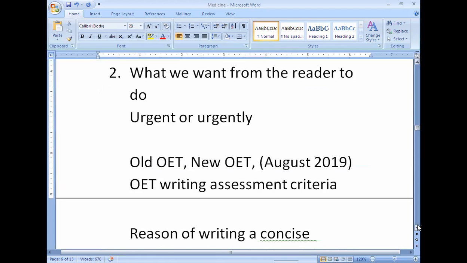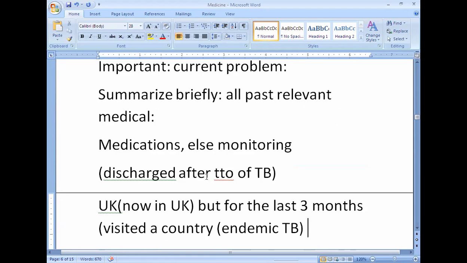If you are writing about Mr. Che and a discharge letter, the patient came to you with shortness of breath, cough and so on, and now you are writing a discharge letter.